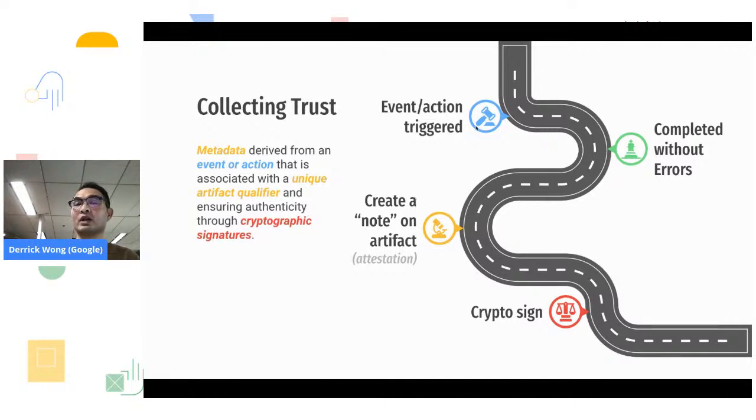And if that scanning tool is completed without any error, it should be able to create that note or metadata and store that metadata in some kind of metadata store. And then that note needs to be cryptographically signed with a private key so that it is non-deniable, right? And this is what we call explicit trust.